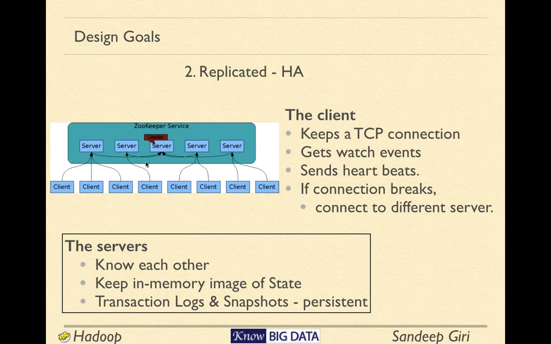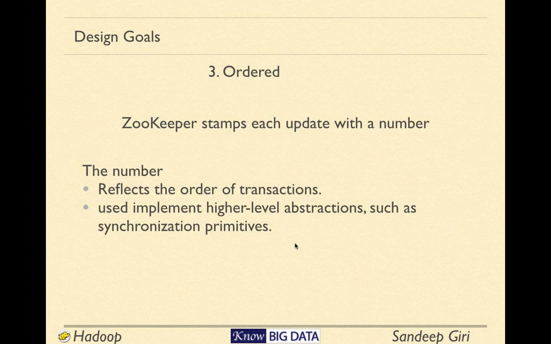In case one particular leader does not respond properly or is shut down for some time, immediately the election happens and other nodes nominate some particular node as the leader. Okay, that is the whole mechanism of Zookeeper.